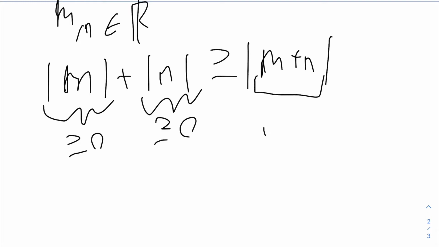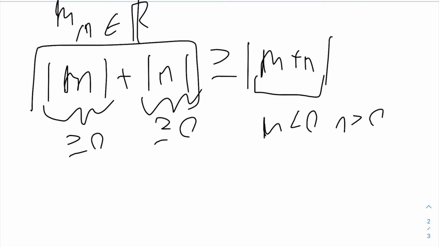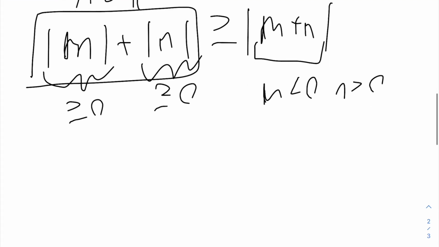So if m is negative and n is positive, for example, or vice versa, they're going to cancel each other out, and then you take the absolute value of that canceled out number, if you see what I mean. And on the left, there is no canceling out because they're both going to be positive or 0 individually, and then you add them. So the left is greater than or equal to the right side.